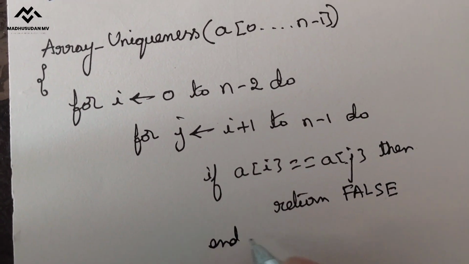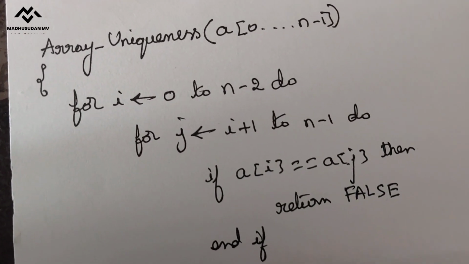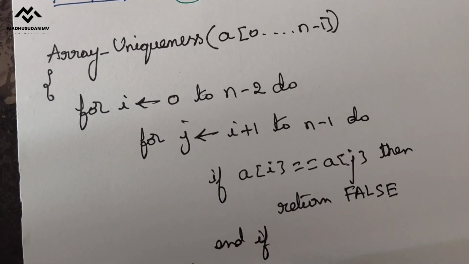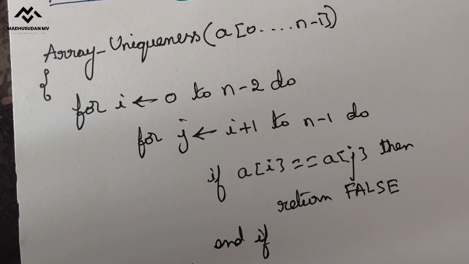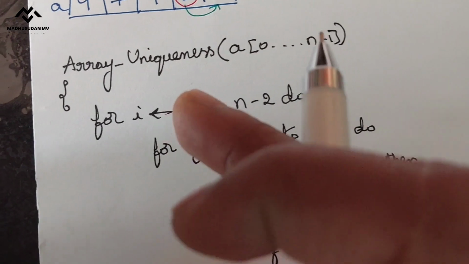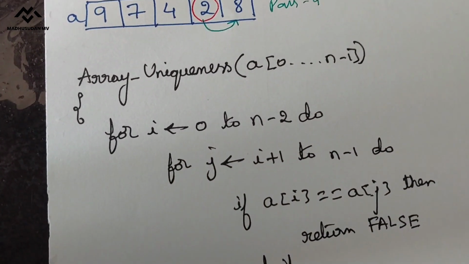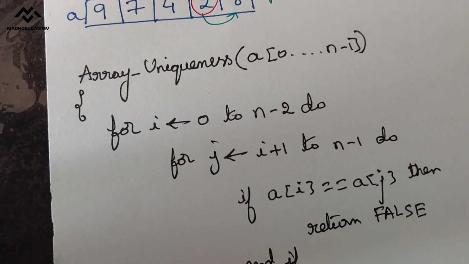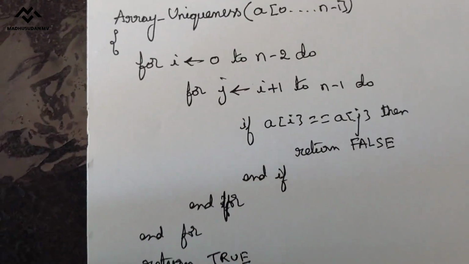We need to check for all the elements. Finally, after coming out, having checked all the elements, we return true, indicating the array is unique. So this is the end of the algorithm.